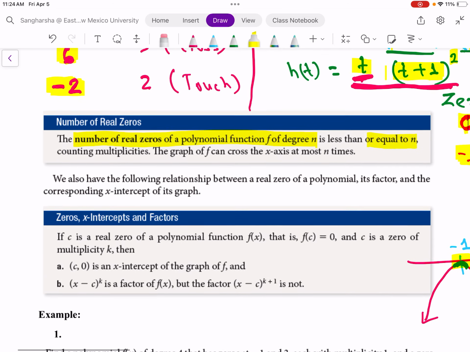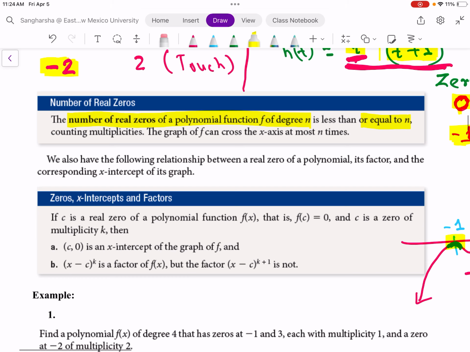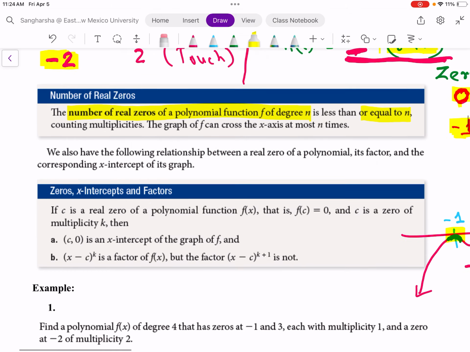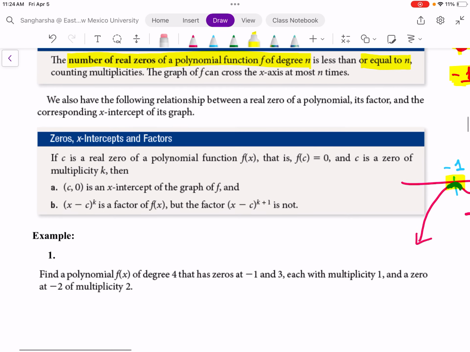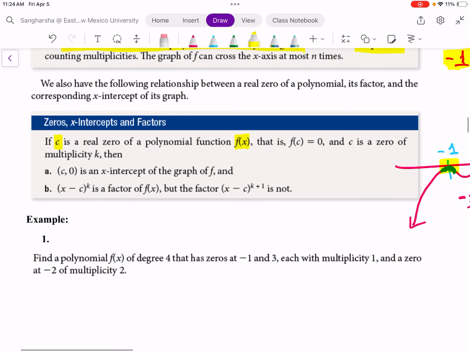Okay, the next one. Now let's say c is any number. Let's say we have c as a real zero of a function. Real zero means when you substitute c for x, you get an output equal to 0.